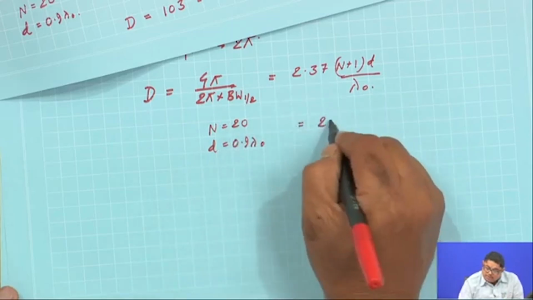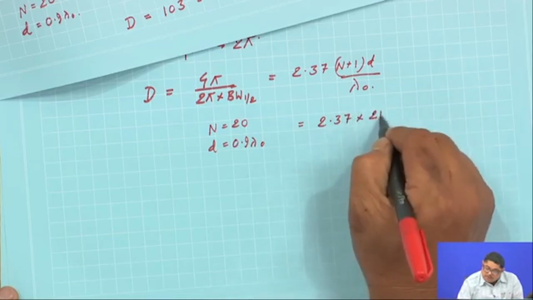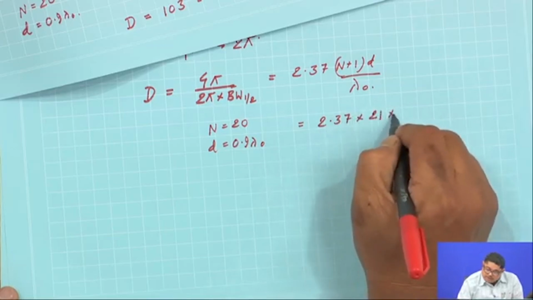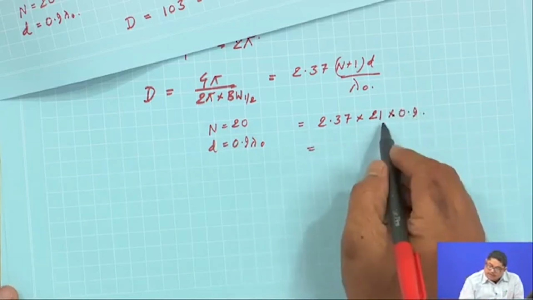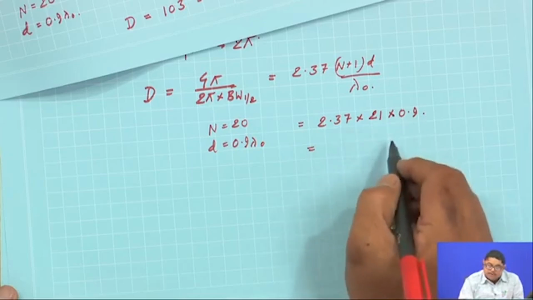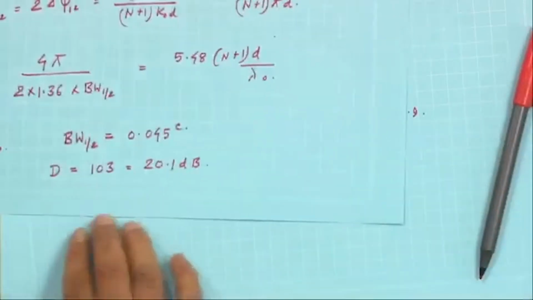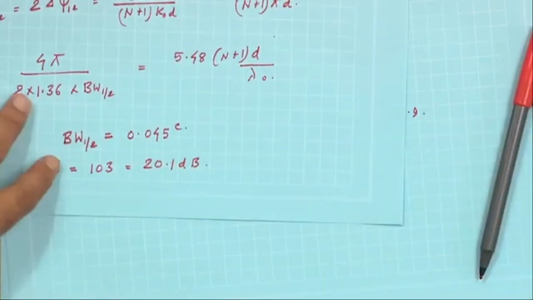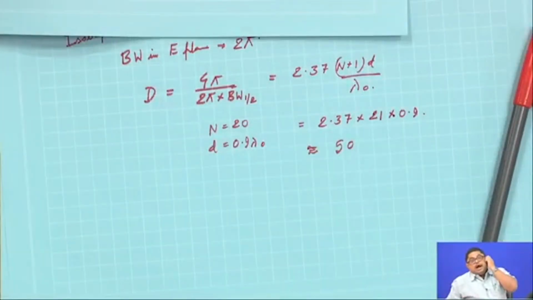So, this becomes 2.37 into 21 into 0.9. I think that is something like 50. So, you see that compared to 100 I have 50, half.